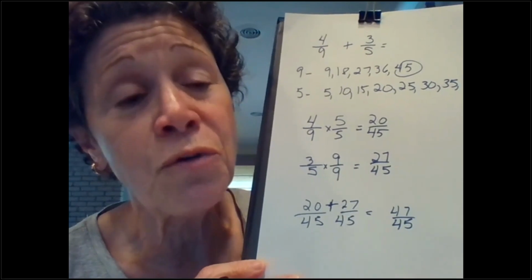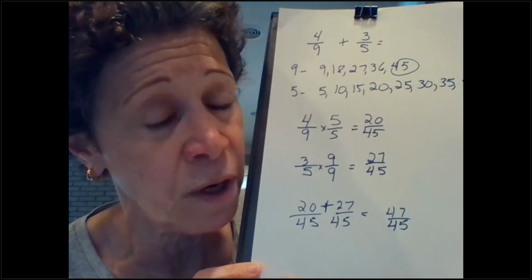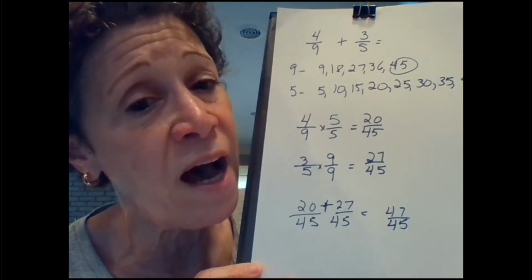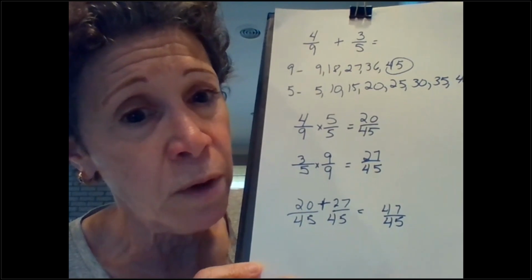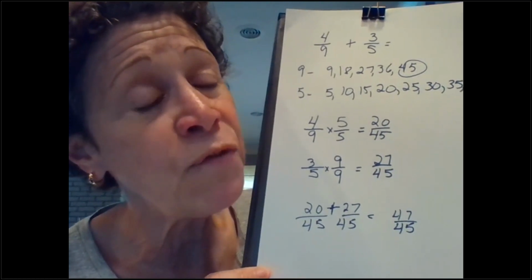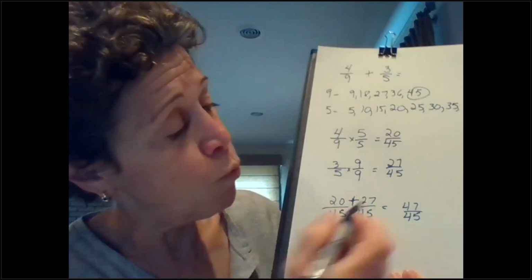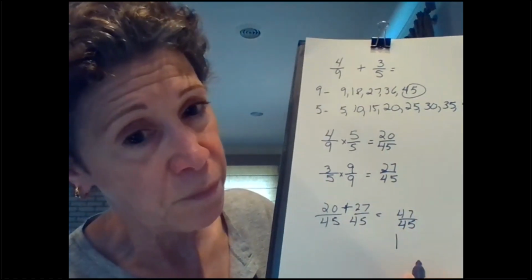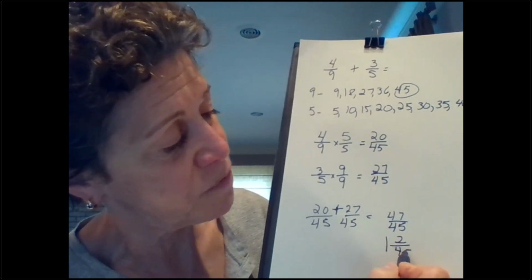Well, no, what you think to yourself is how many wholes are there? In other words, how many 45s are there in 47? Because we're trying to make wholes. It's 1. And what would be left over? 2 over 45? Exactly, 2/45.